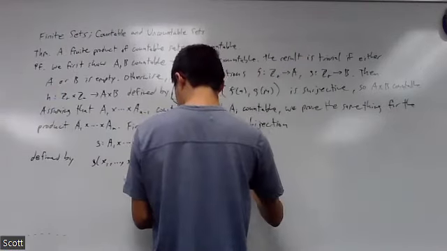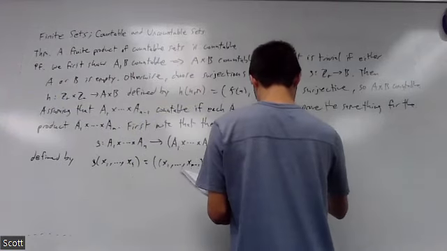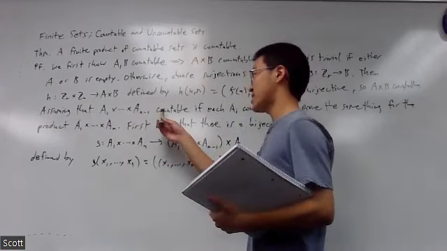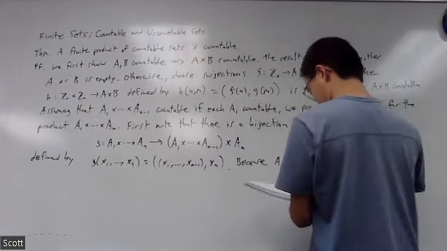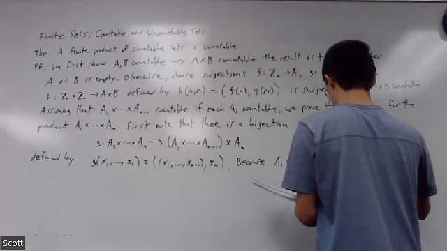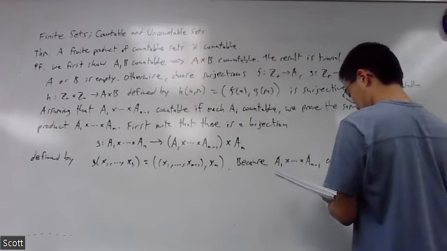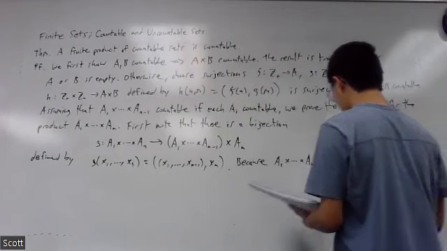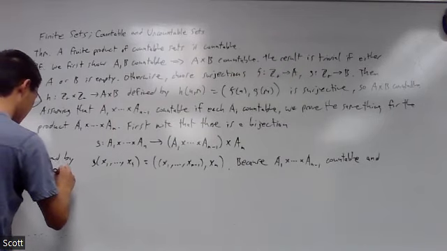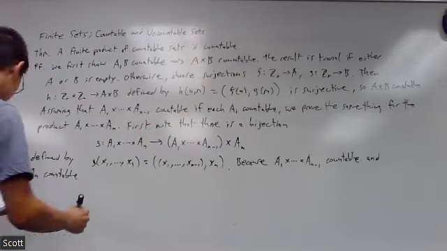And then because A1 through A(n-1), what's nice is we're using the countability of that from the hypothesis. This is countable from the induction hypothesis, and An also has to be countable, because again, in the hypothesis, every single Ai needs to be countable.